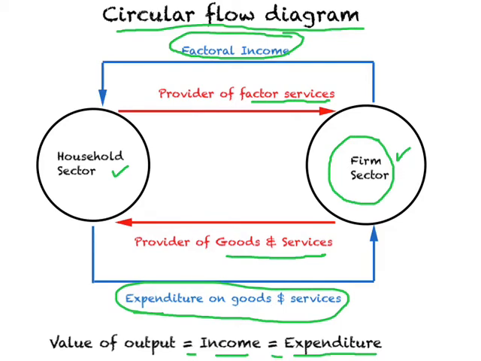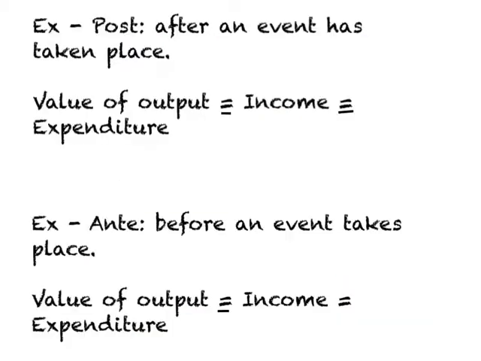And all these three things will give us exactly the same number, the way we have described the economy, and that will be GDP. So there are three ways to measure GDP, either through the output approach, or the income approach, or the expenditure approach.